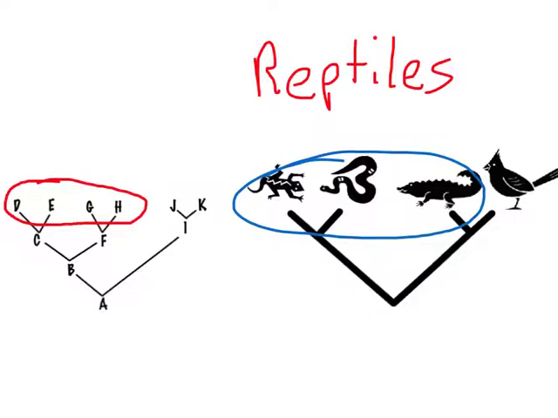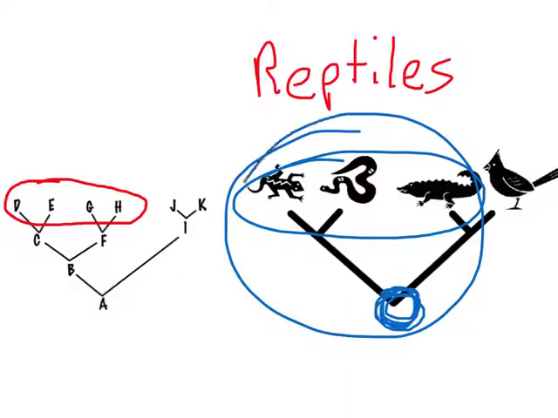Okay, now I want you to think about that. If this is the common ancestor of the reptiles, why are these reptiles not monophyletic? Well, here's the deal. If I was to do this, I'd be excluding this guy. These crocodiles are more closely related to these birds than they are to these other reptiles.